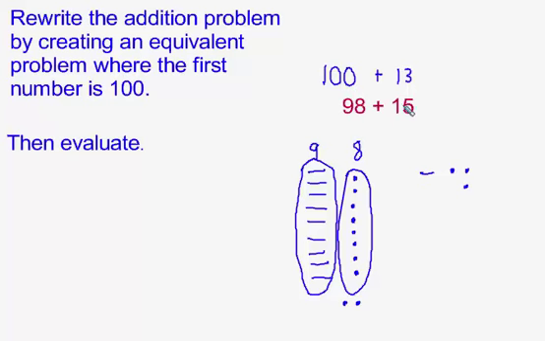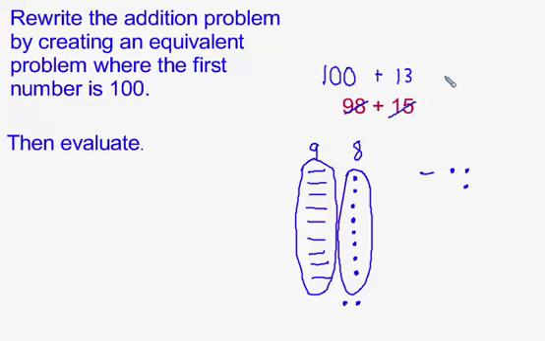So this group no longer had 15, it only had 13. And this group gained 2 units, the ones that I moved over, so it no longer had 98, it now has 100. So the idea is that it is easier to do the problem 100 plus 13 than it is to do 98 plus 15.